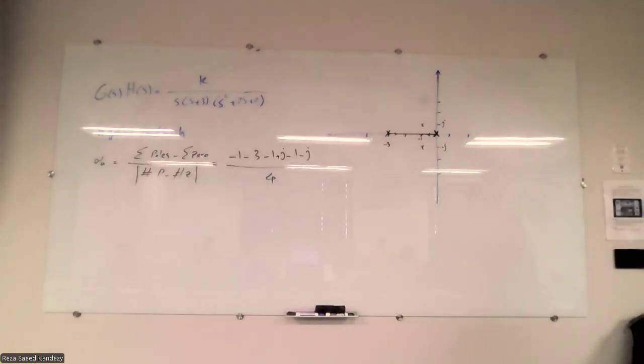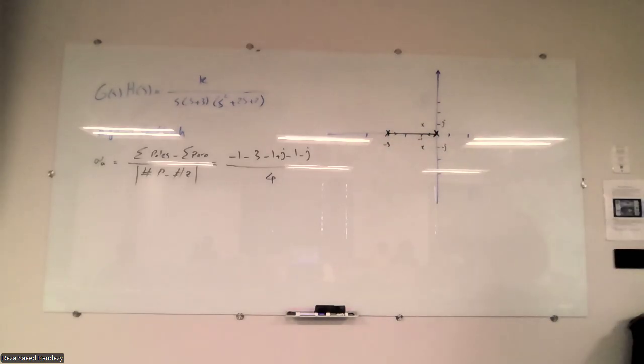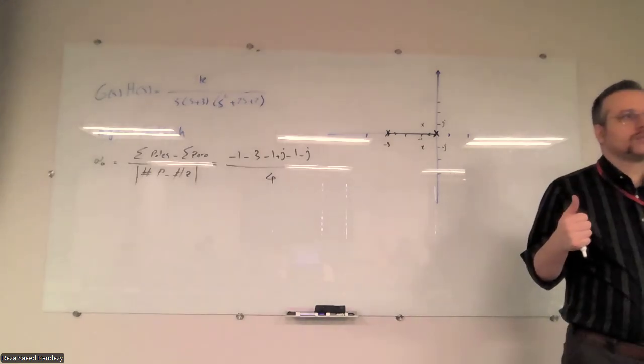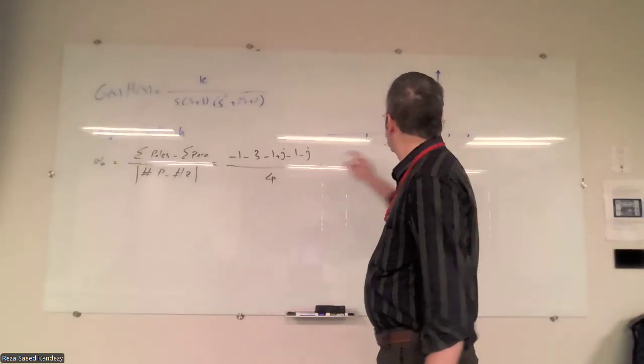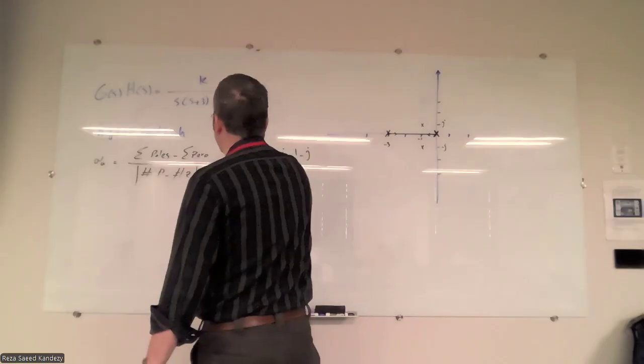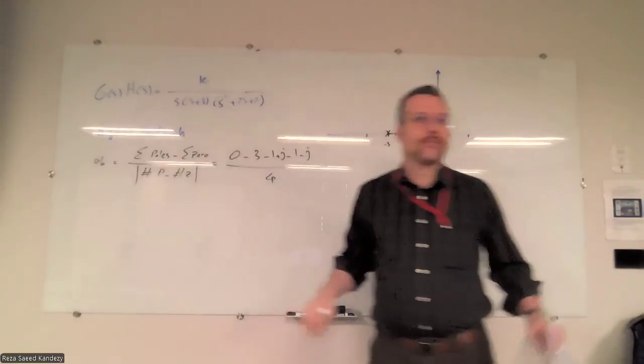I just add those poles together. We don't have any zeros, so it's going to be 0 in this example, actually. Any questions so far? Go ahead. Where did you get the first -1? Oh, sorry. Thank you. It's going to be 0, actually. Thank you.